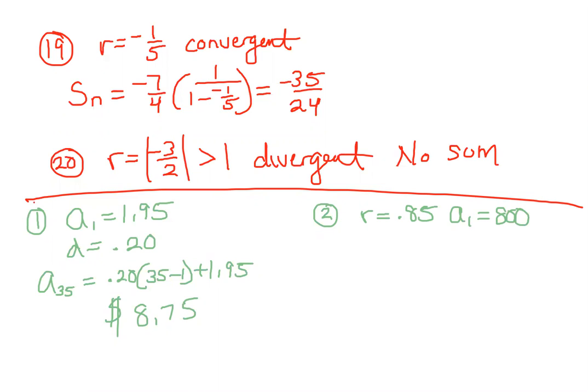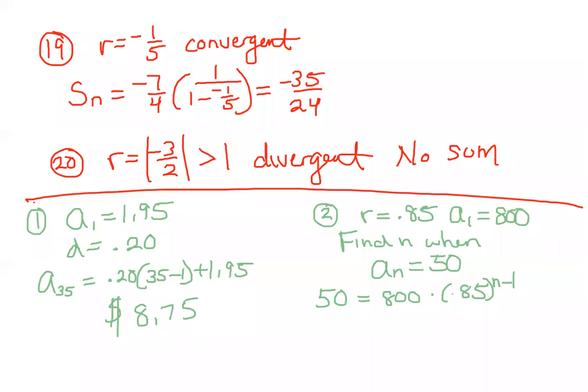And we want to find n when An equals 50. That's what we're looking for. So we're going to say 50 equals A1 times r to the n minus 1. And we're going to solve this.